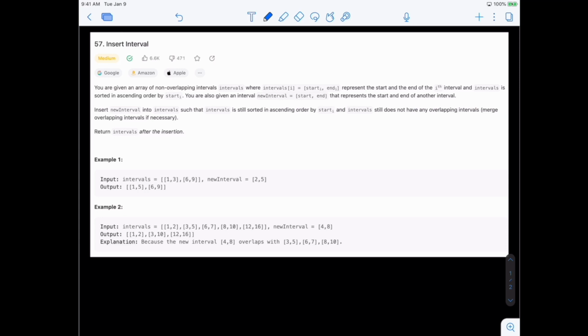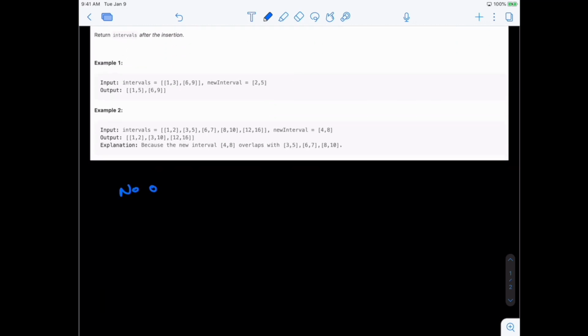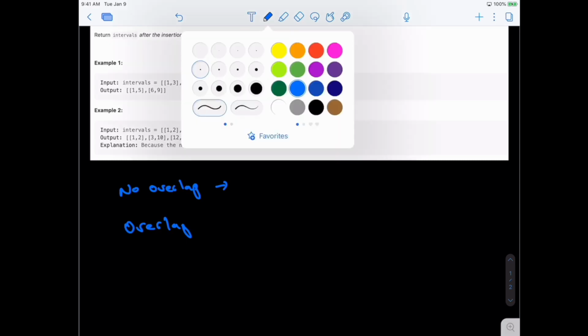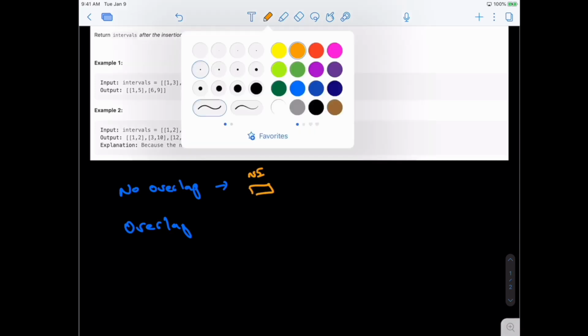But the first thing to think about here is, what are the different cases that we can have? Well, we could have either no overlap at all, or we could have an overlap. Now, if there is no overlap, then this can be something like, maybe the new interval, let's call it Ni, can be to the left of all the other intervals.